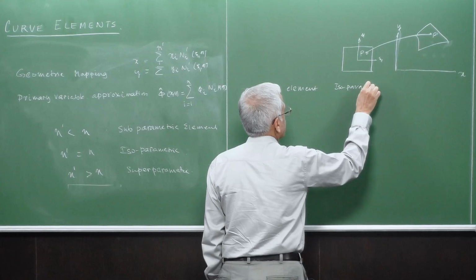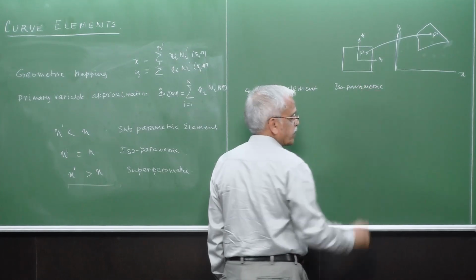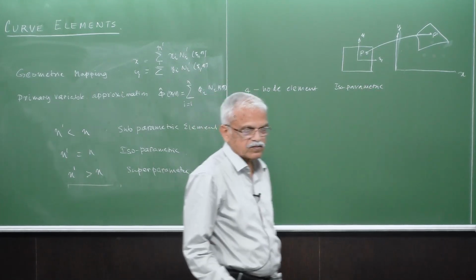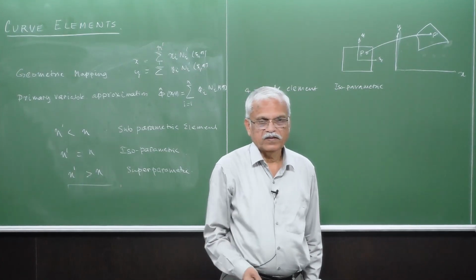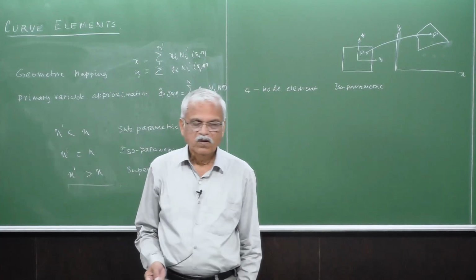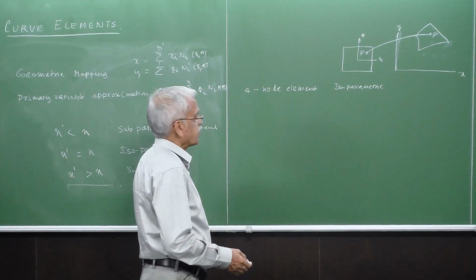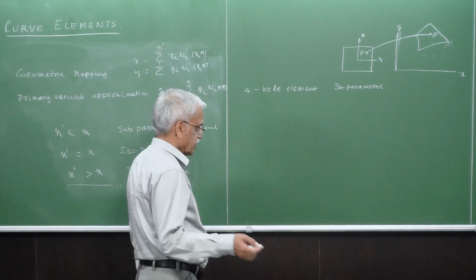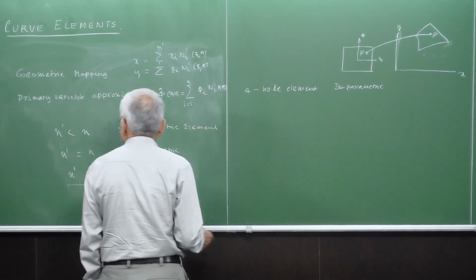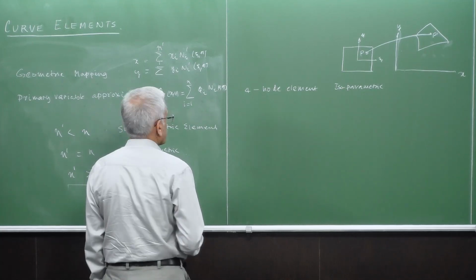For simplicity, as I said, we use isoparametric for one simple reason: the derivatives and all that are the same, whether you are considering geometric transformation or primary variable representation. The other thing is that it has a few other important properties, which we will see as we go on.